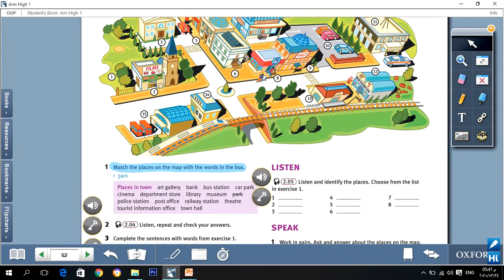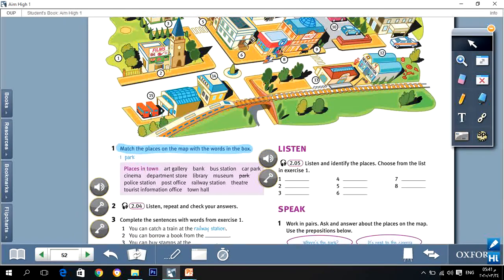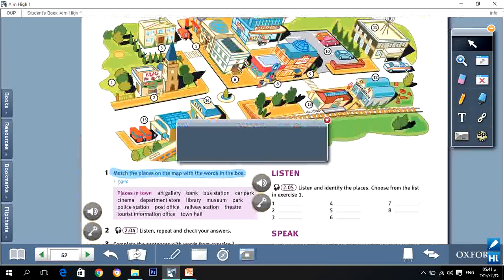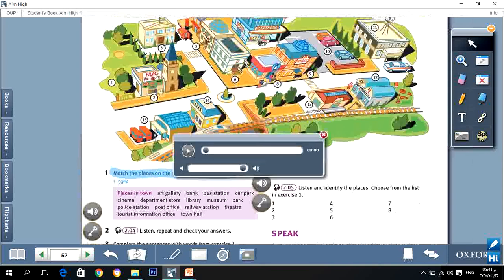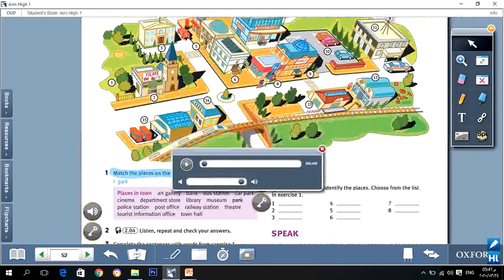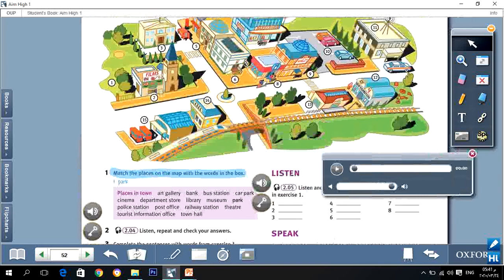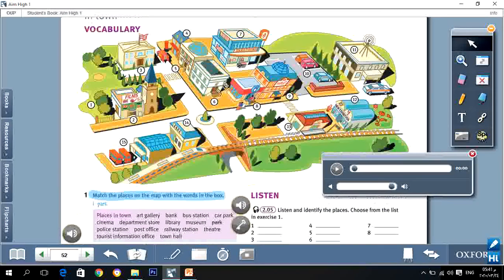And because this lesson is listening, we have some records about it. I will play the record to listen to it. This is the first time we listen to it. To identify the places, they are numbered here, and the record will mention them in order.